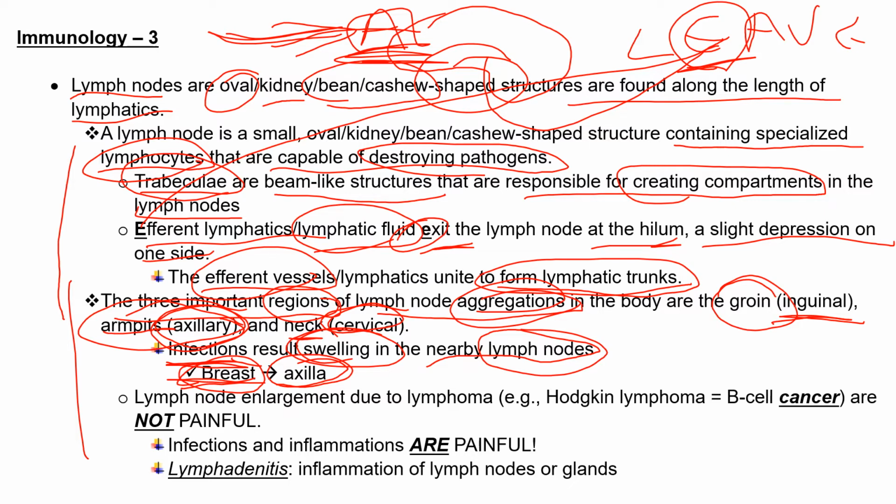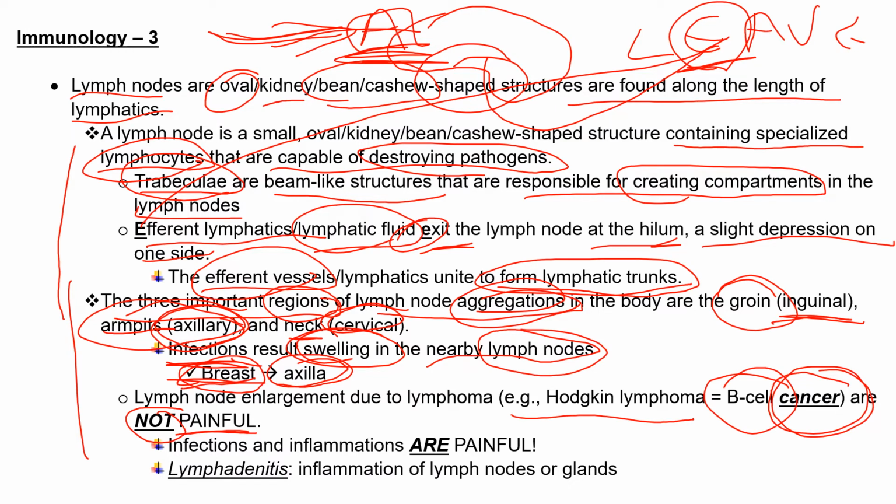Now, you do need to know that lymph nodes that are enlarged due to an infection are very painful. All of you have probably felt those painful lymph nodes at some point in your life. This is different in cases of cancer. There is a cancer called, for example, Hodgkin lymphoma. It's a B-cell related cancer, okay?